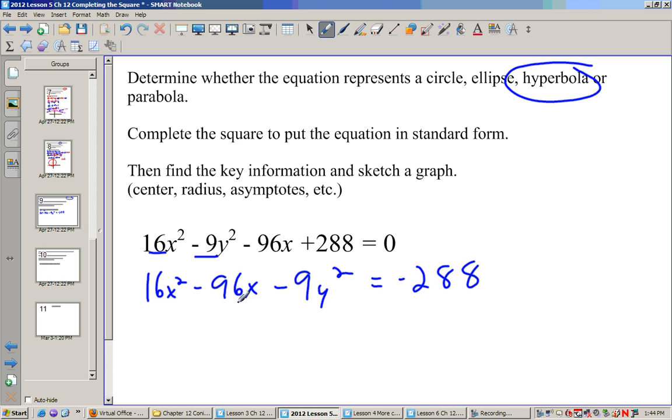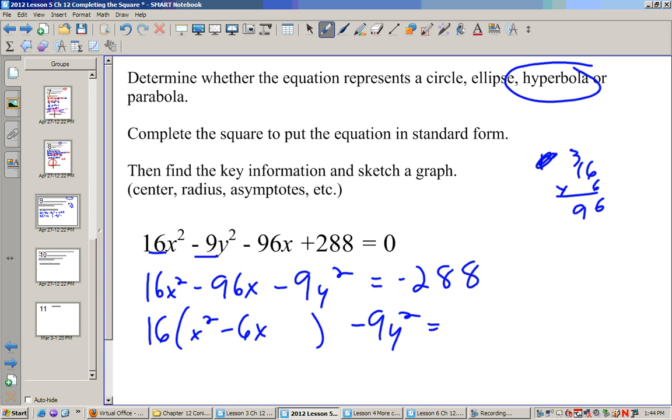And we can take a 16 out of each of those. So 16x squared. 96 minus 16. Is that 6? Looks like 96. That's 6. So minus 6x. Now what I have to add here to make it a perfect square is 9.